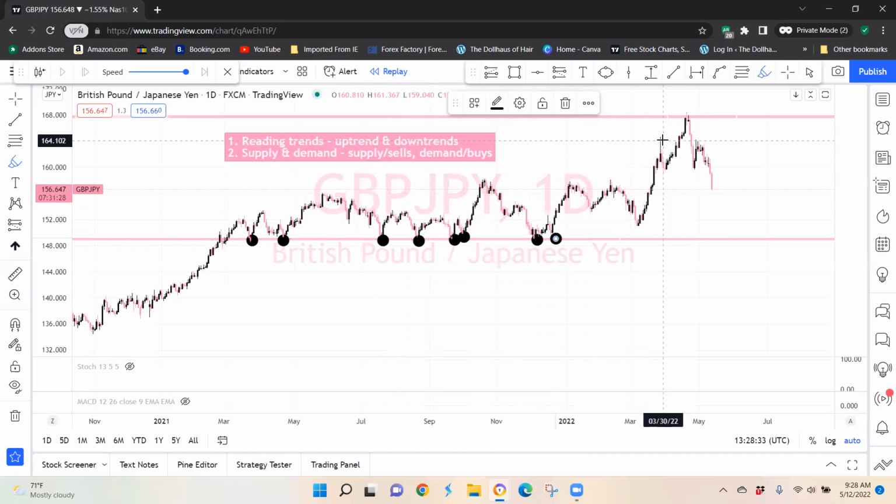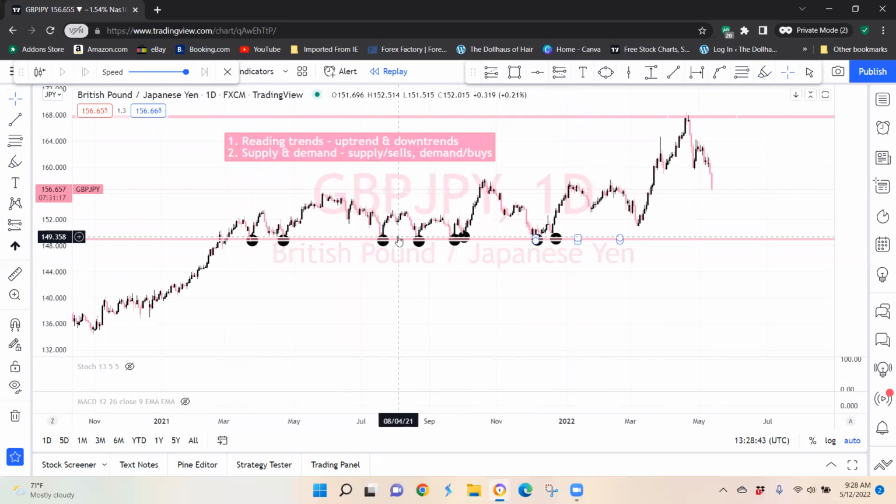At that point, it just did its full impulse move. So what this means is, because we know that price rejected this area multiple times, it tested it multiple times, and it did not break below it, we know that when price gets here, there's a strong possibility that it will reverse at that level of price.